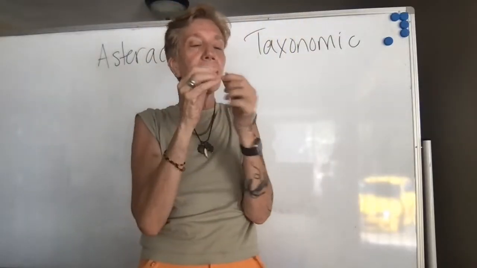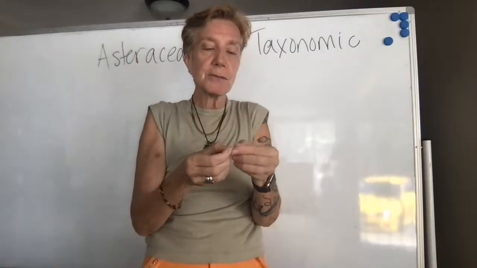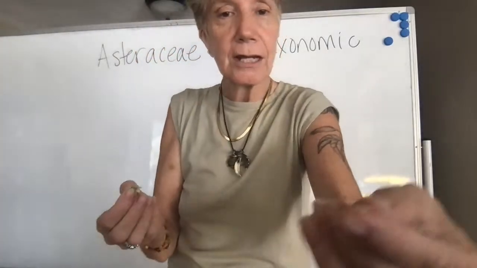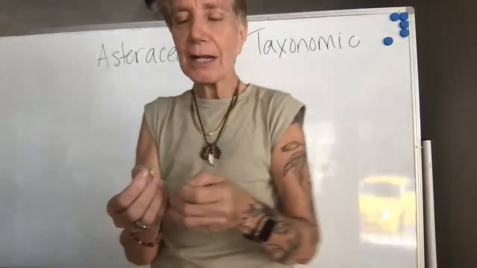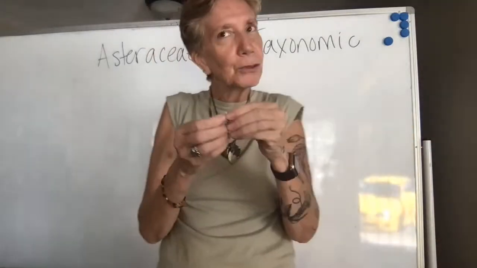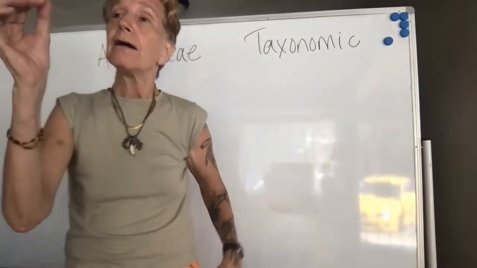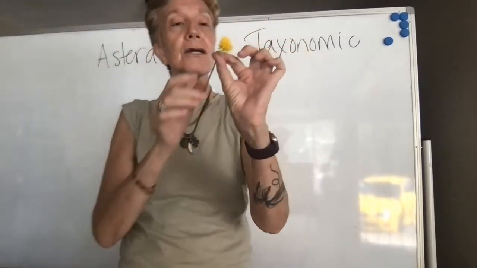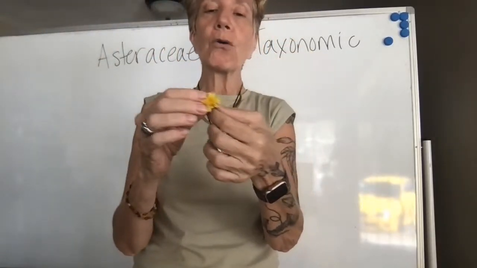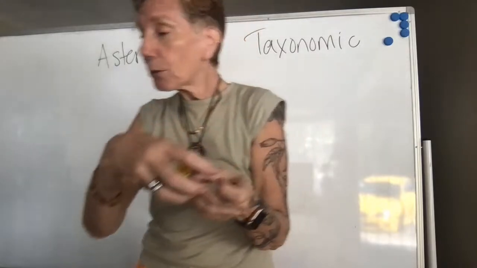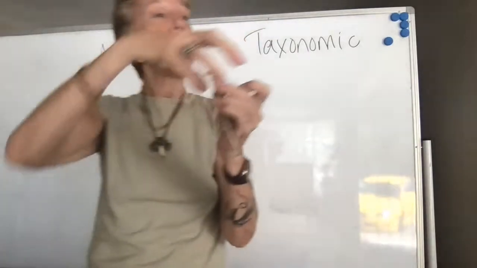That disc isn't one flower. If you pull it apart, you'll see that it's made up of dozens and dozens of dozens, really hundreds and thousands of flowers there. Right. So it's kind of fun to pull these apart and think of exactly how many flowers. And now if you think about the fact that dandelions have all ray flowers, no disc flowers. And when they go into flower, they produce the little puffball, right?